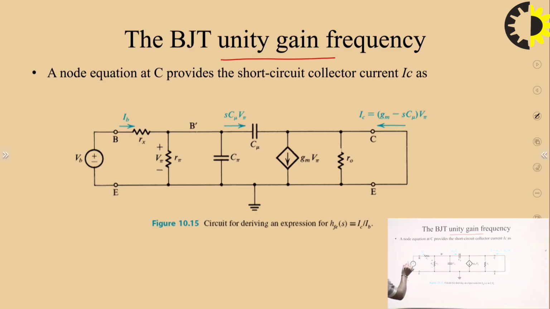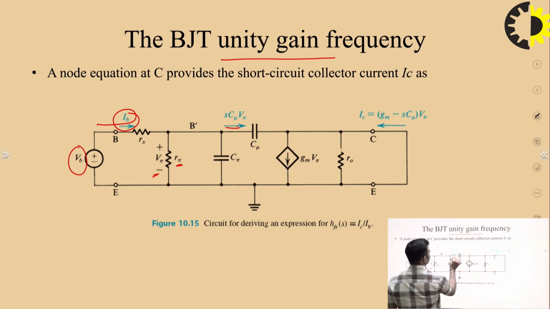We have connected the voltage source VB, and we are considering that the current IB is flowing due to this. The voltage drop across R pi is V pi. The current flowing here is S C mu V pi, because the voltage across it is V pi, and the current flowing through this will simply be S C mu V pi.